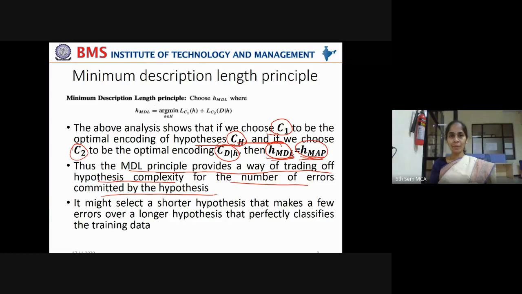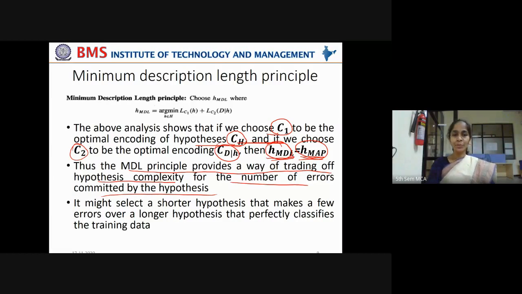Always, according to the minimum description length principle, you have to choose the simple hypothesis making a nominal amount of errors, not a problem, because this simple hypothesis would be able to generalize well for new or unseen data, rather than a complex hypothesis not committing any errors at all, but whose generalization capability will reduce as its complexity increases. Okay, that is the example of overfitting.